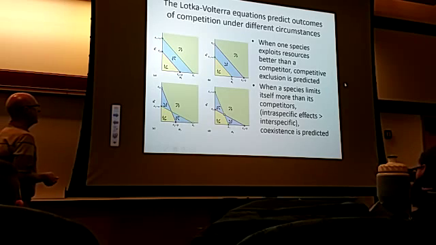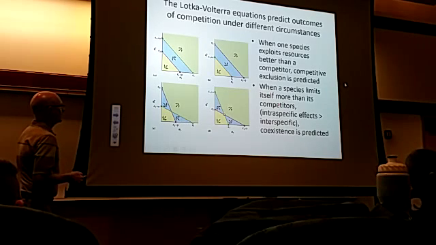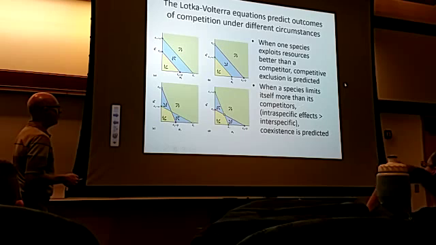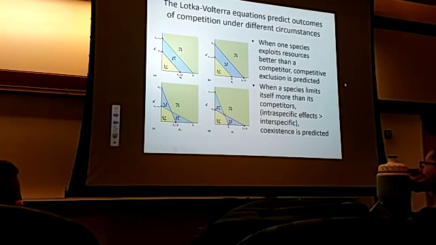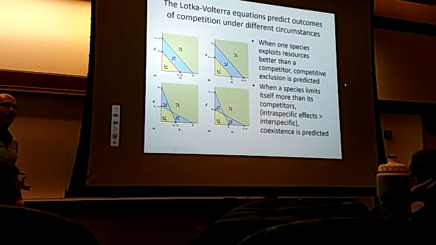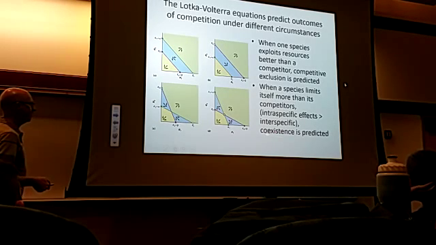What's going to happen in the other situations, if a species limits itself more than its competitors do, then what you're saying is they're able to coexist with their competitor, and they're limited more by their own consumption of resources than what their competitor is doing to them. And in that case, we would expect the two species to coexist. Right?